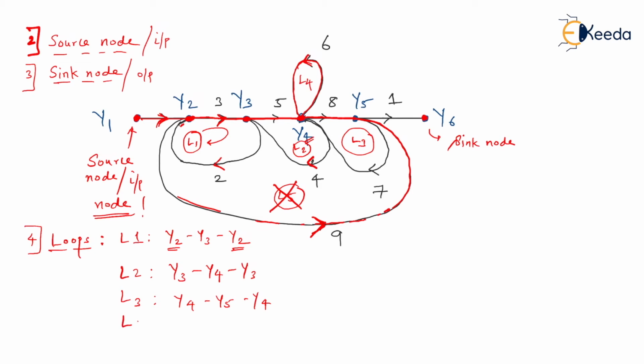Loop number 4 starts from y4 and ends at y4 only, and such a loop which consists of only one node, please understand what I'm saying, is considered a self loop. So y4 is called a self loop. The rest of the loops are only called loops. They are not self loops because they involve more than one node. By observation, we get 4 loops in this.